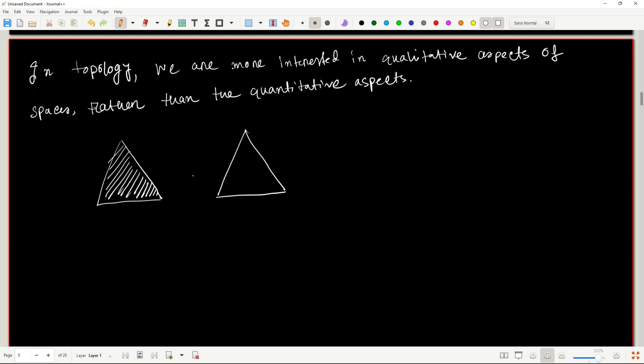But from a topological point of view, or so to say the qualitative point of view, these two spaces are different. So if I say that it has a base b and height h, similarly this triangle has a height h and base b, then both of their areas would be given by 1/2 of bh.